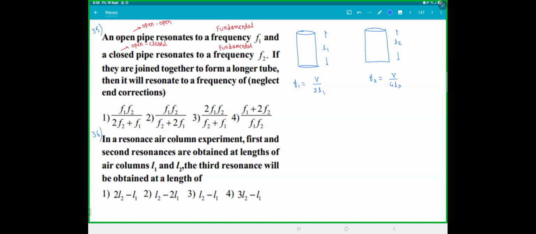For the closed pipe it is V by 4L2. Now, when you combine an open pipe and a closed pipe, you will get an open closed pipe of length L1 plus L2. So this will be V by 4 times L1 plus L2. Substitute here.